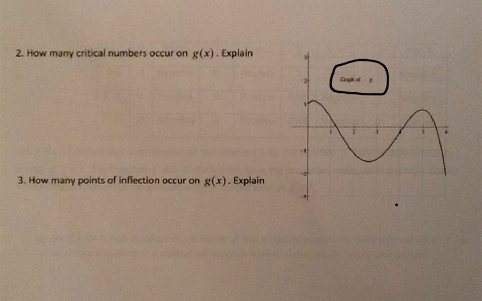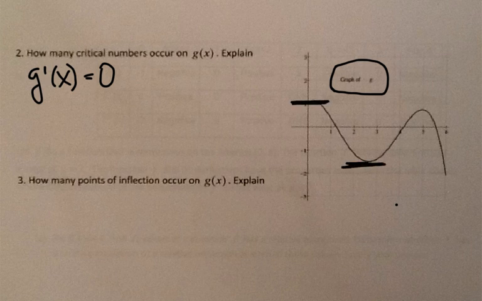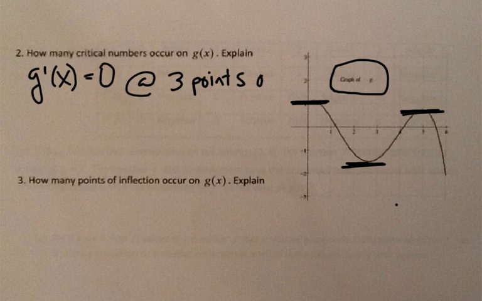Critical numbers are going to be when the first derivative is equal to 0. So that's going to be anywhere the slope is equal to 0. So that could be right up here, down here, and right here. So g prime of x equals 0 at 3 points on the graph.